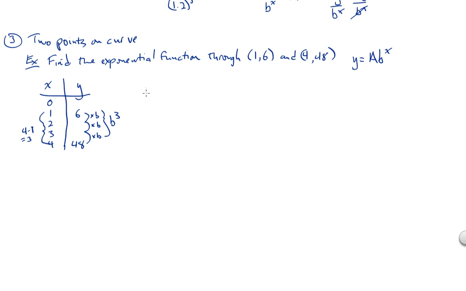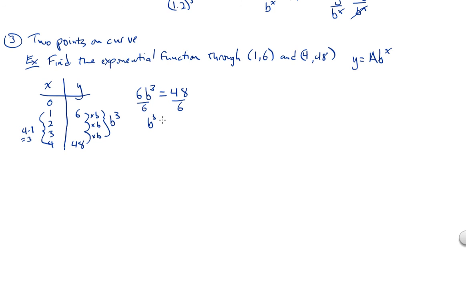Well, let's make an intermediate equation. We know 6 times b to the third equals 48. Correct? Take 6, multiply it by b 3 times, that's b to the third, and you'll get 48. Well, then let's solve for b to the third. Let's divide both sides by 6.